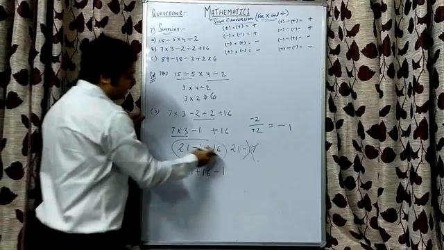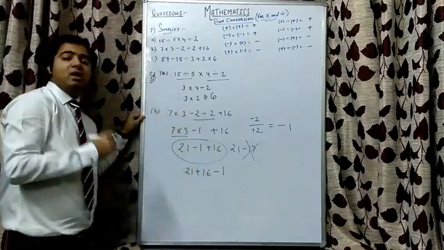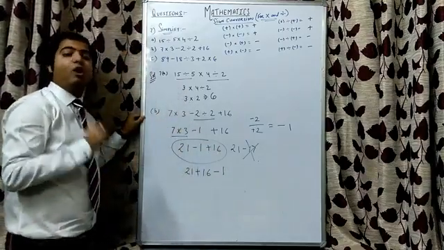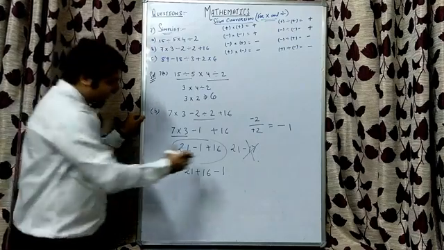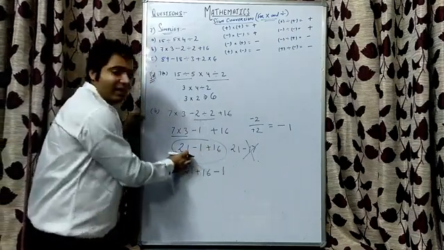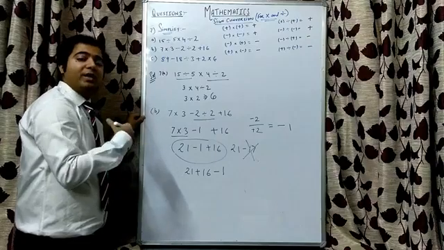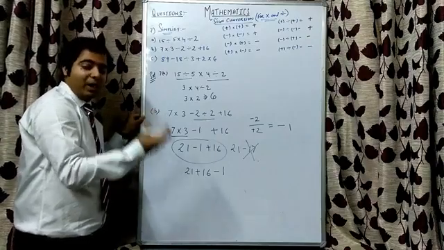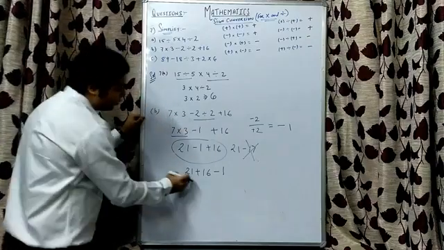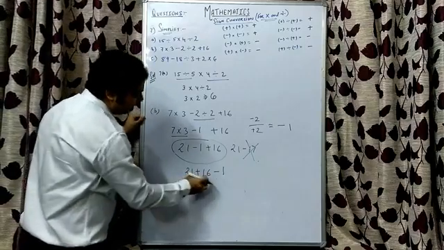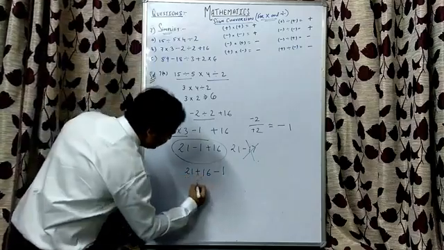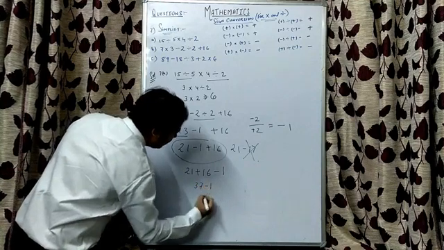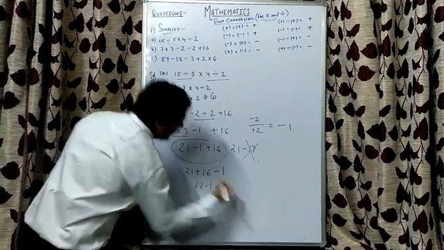Right? We can remember this by a simple proverb which says, birds of same feather flock together. That means the terms that are having the same sign will be kept together and will be evaluated first. So 21 plus 16 will give me 37. Minus 1, answer will be 36.